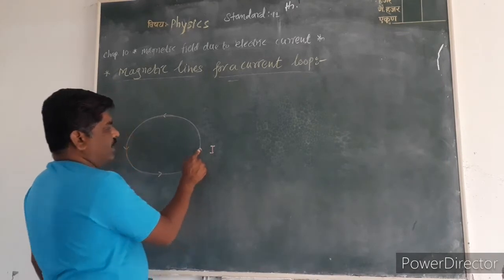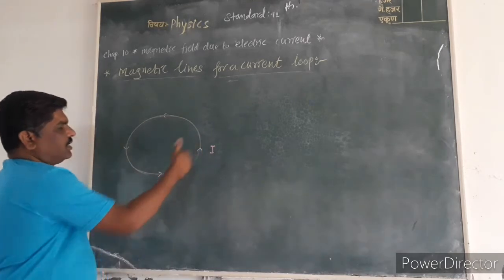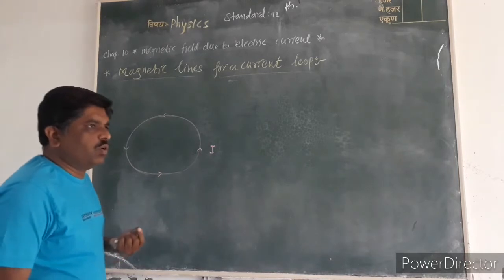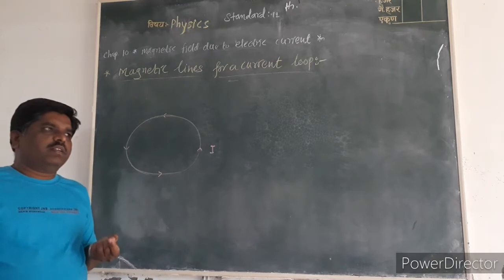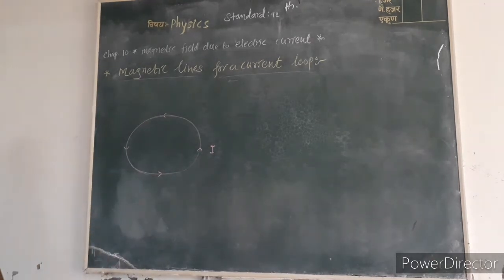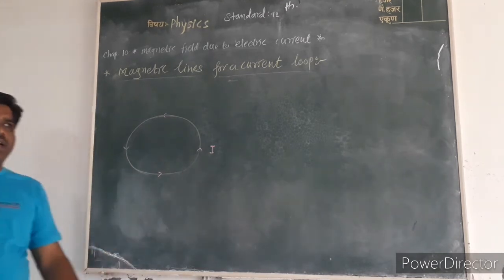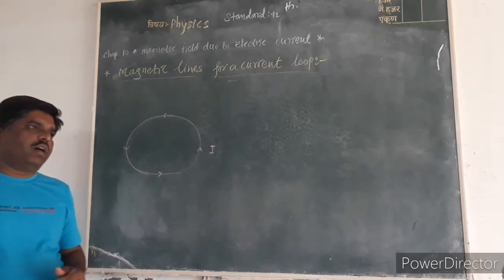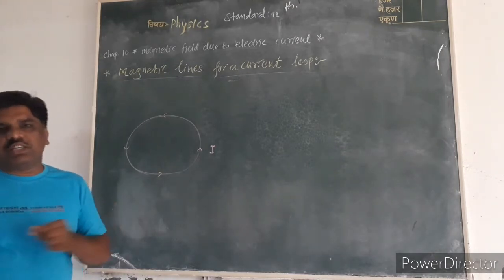the direction of current, suppose this is the direction of current in the upward direction. According to the right hand thumb rule, the conductor is held in your right hand in such a way that the thumb denotes the direction of current and the curved fingers around the conductor show the magnetic field.